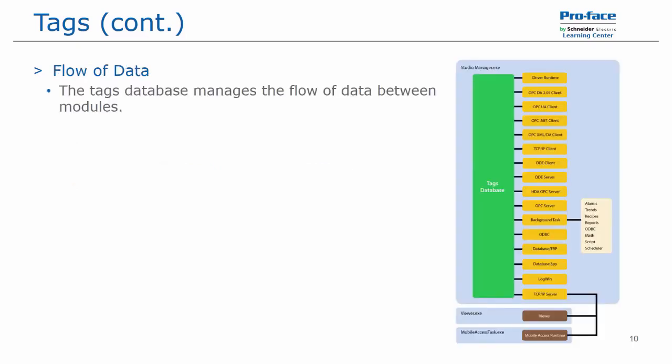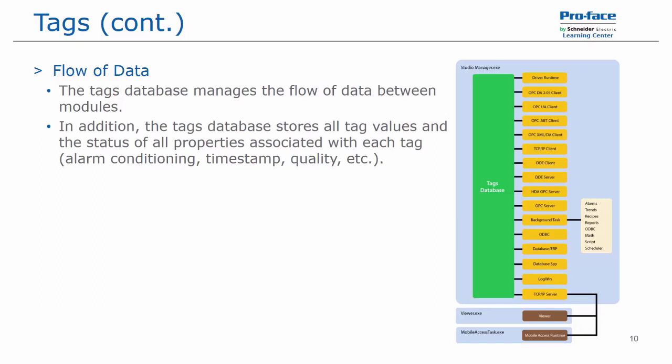The tags database manages this flow of data between the different modules or tasks. In addition, the tags database stores all of the tag values and statuses of the properties associated with each tag, the alarm conditioning, timestamp, quality, what have you.